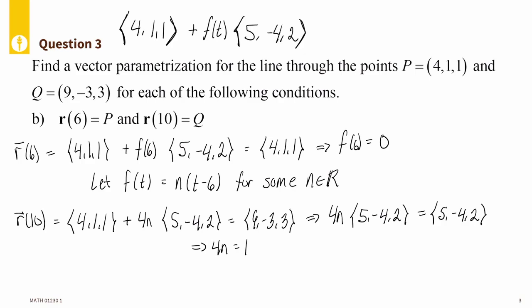For n would have to be 1. So n would have to be a quarter. And so that would be the parameterization to satisfy these two conditions.